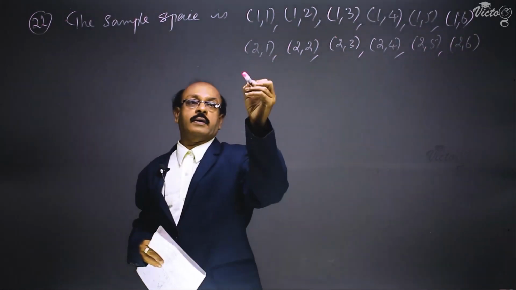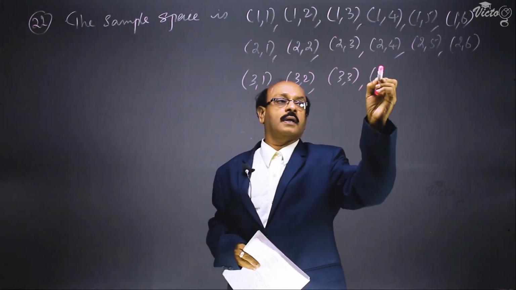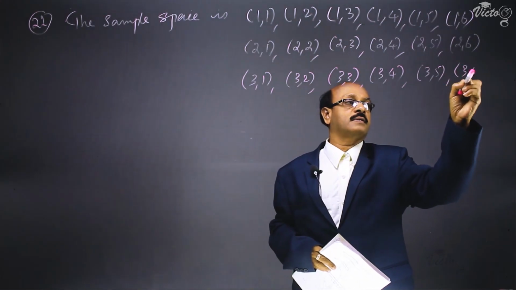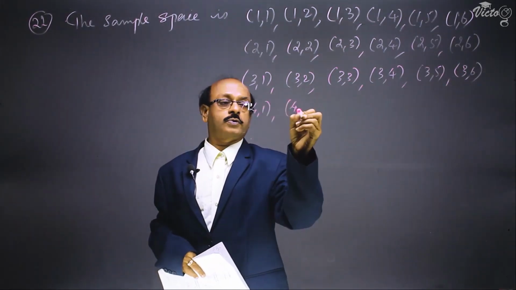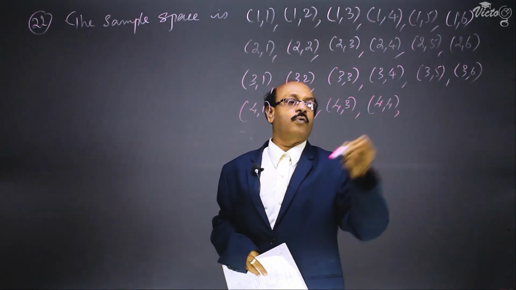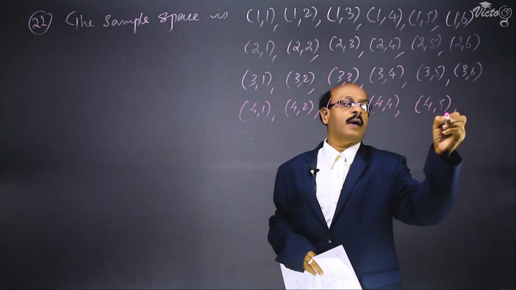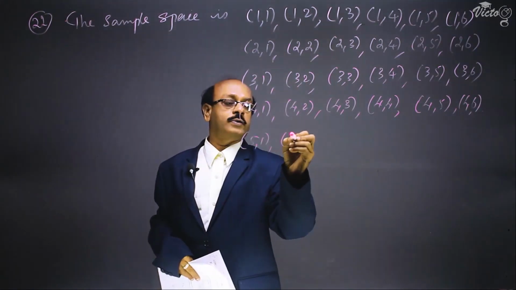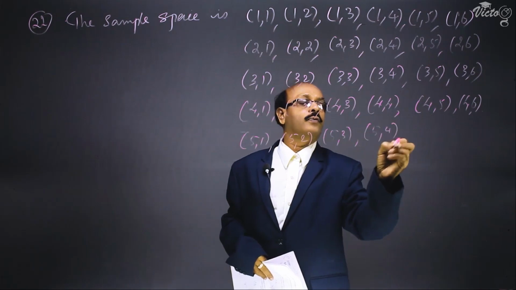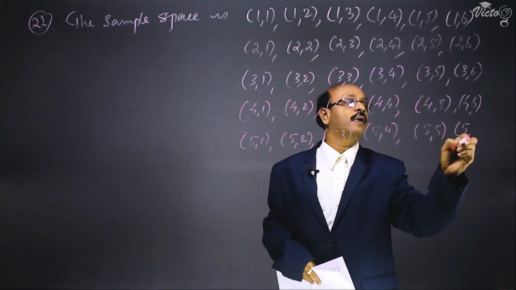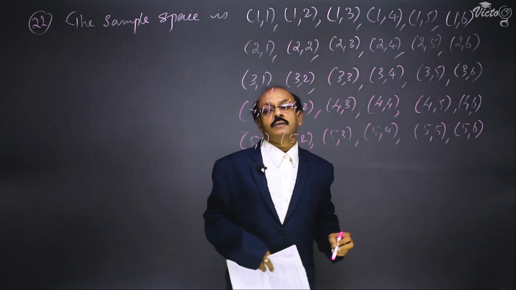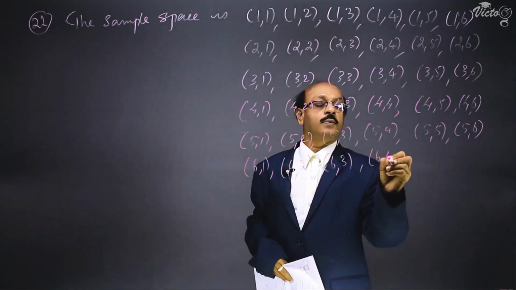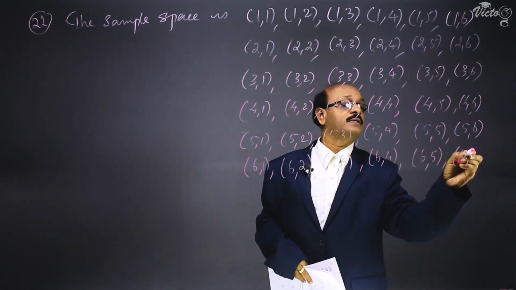Next, 3 1, 3 2, 3 3, 3 4, 3 5 and 3 6. Next is 4 1, 4 2, 4 3, 4 4, 4 5 and 4 6. Next is 5 1, 5 2, 5 3, 5 4, 5 5 and 5 6. The last one, 6 1, 6 2, 6 3, 6 4, 6 5 and 6 6.